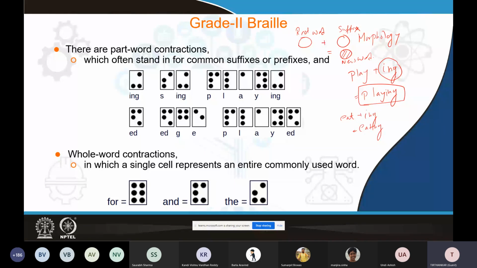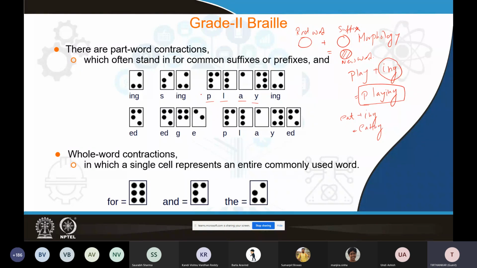So in Braille, given the word playing, for the root word we have the similar representation as we have done for the Braille transliteration that we have already seen.